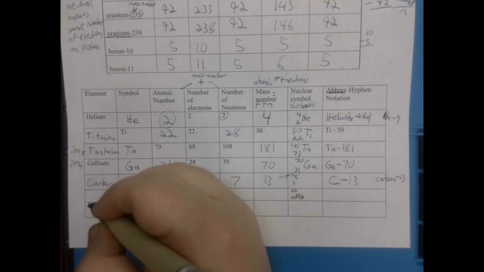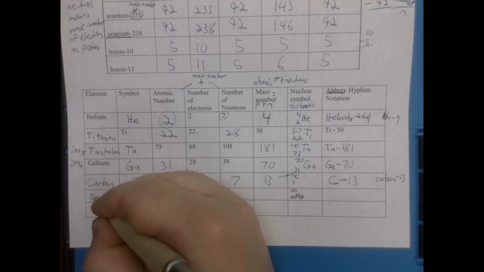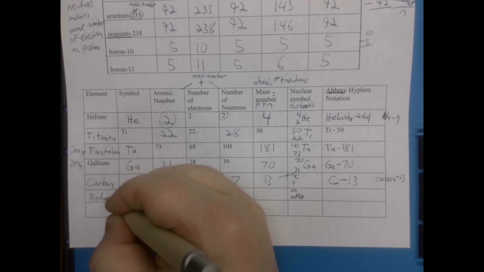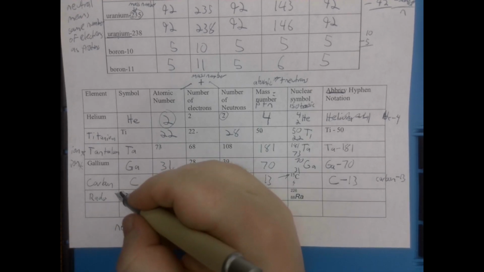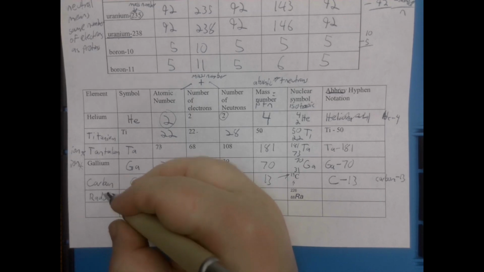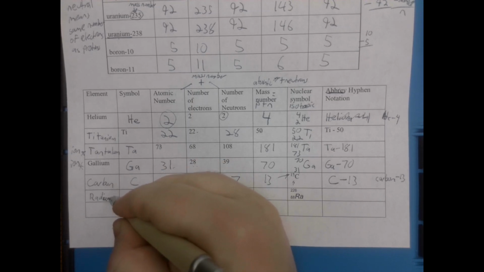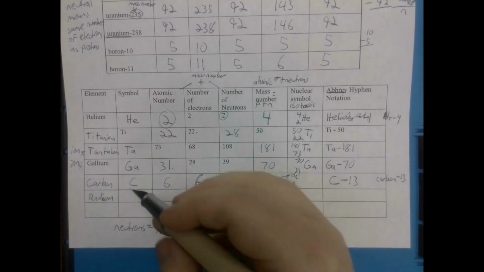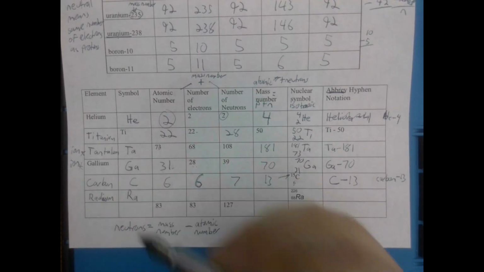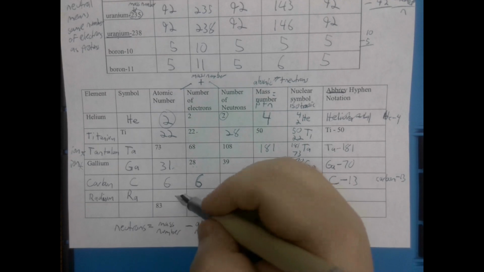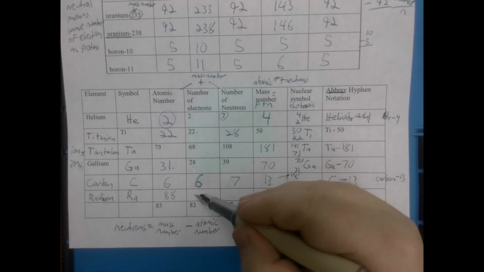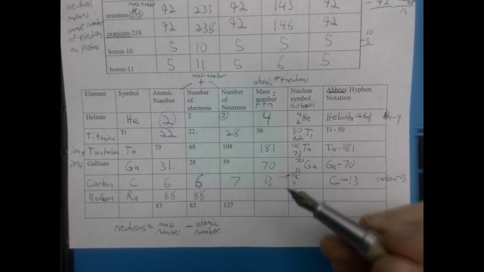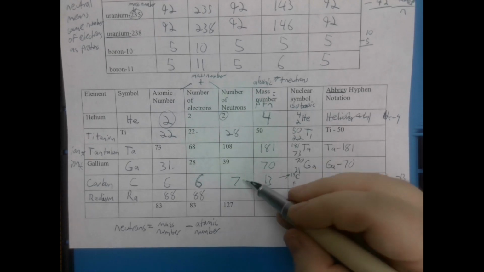What is the name of the next element? Radium. Symbol is Ra. What is its atomic number? 88. Number of electrons? We'll assume it's neutral, since we weren't told otherwise.